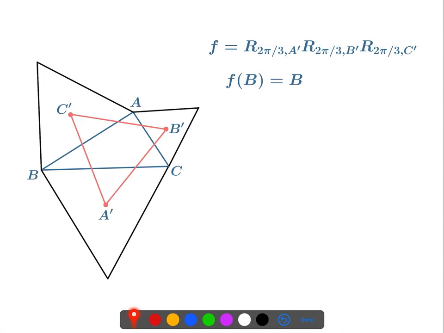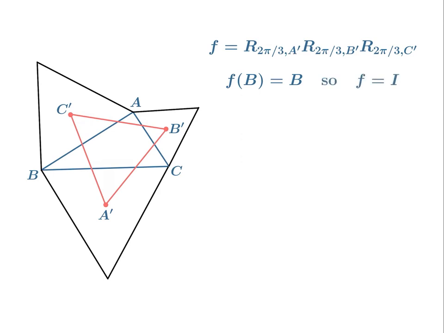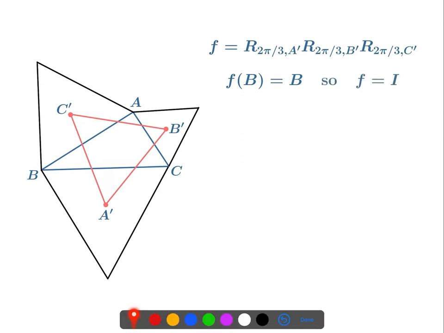Wait a minute, if you're translating and you're just going from B to B, what does that mean? Well, if we're going the same direction, the same amount for all points, that means we're going nowhere. You're translating by 0, 0. You're not moving. So really, this is just the identity, and everything stays where it's at.